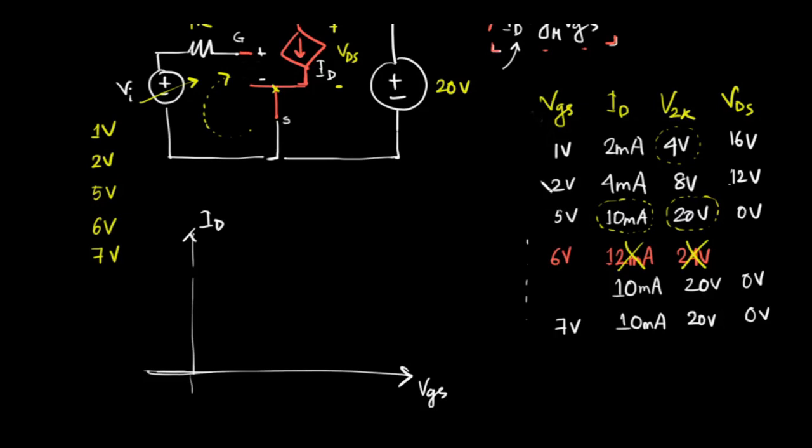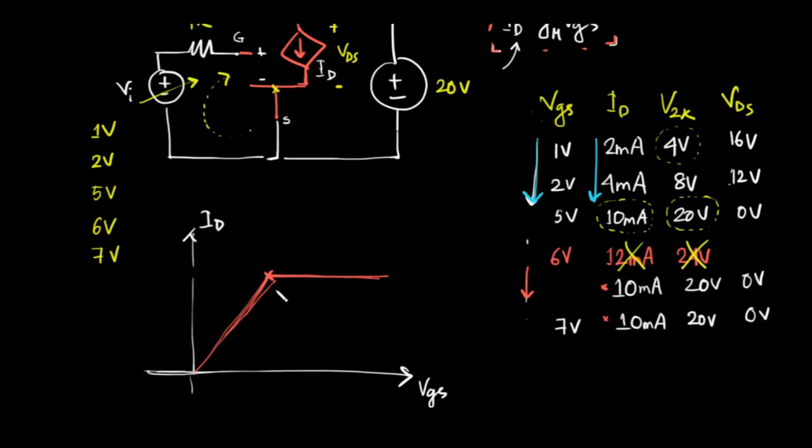Initially, when VGS was increasing, the output current was increasing. But after ID reaches a maximum value, ID becomes constant. ID does not change any further. Even if VGS increases, see, VGS is still increasing in this direction, but ID does not increase. So it will be like this.